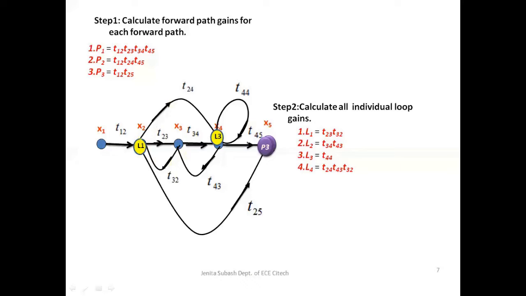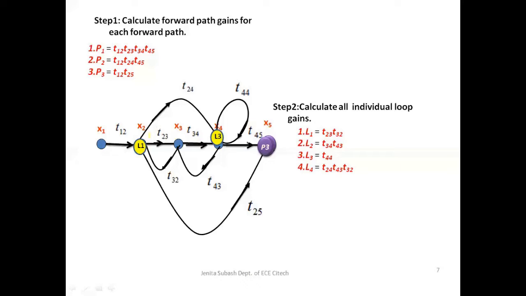Now we are trying to find two individual loops which are not touching each other out of the combination of L1, L2, L3 and L4. L1 and L2 share a common node x3, L1 and L4 share a common node x2, and L2 and L4 share a common node x4.